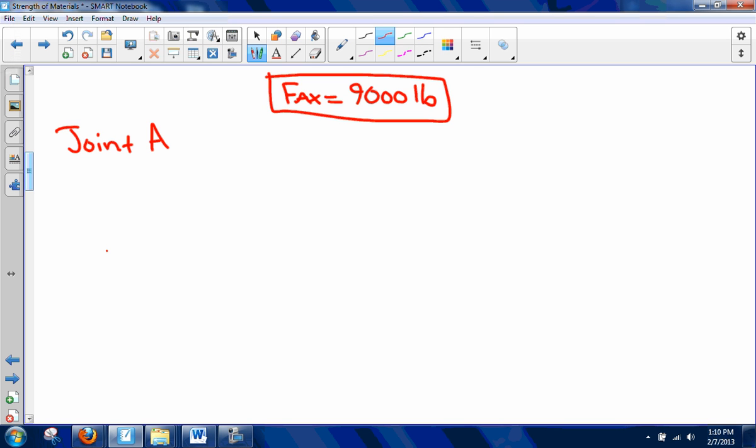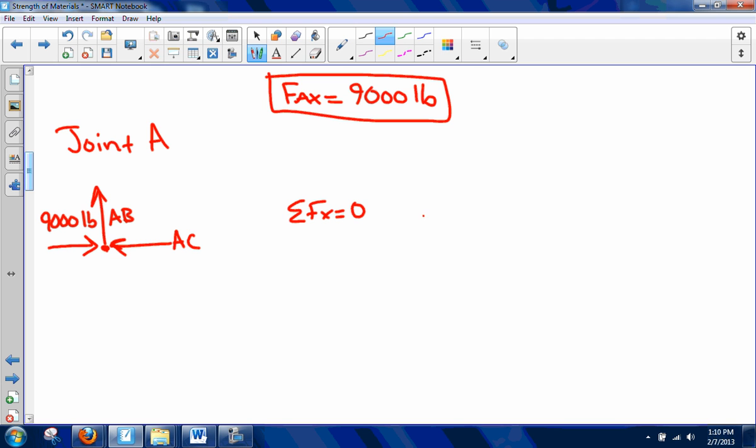And in joint A, I'm going to redraw what I have. I'm going to draw AB in tension. It's moving away from the joint. I'm going to draw FAX, and I said it was 9,000 pounds. And then I've got AC. I'm going to draw it in compression going towards the joint. So I'm going to start with sum of the forces in the X direction equals 0.